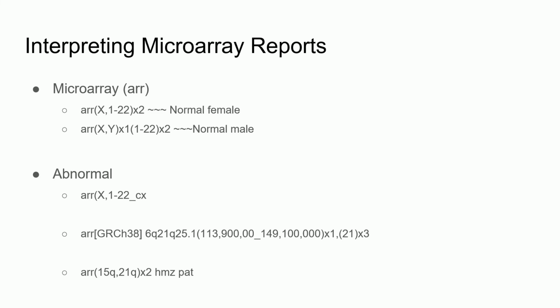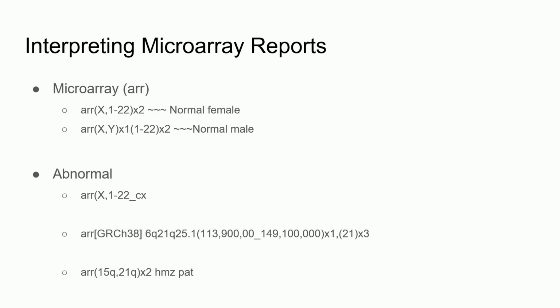The Genome Reference Consortium Human Build 38, or GRCh38, is listed in brackets, telling us the reference sequence used in the microarray. In the first abnormal example, the CX designation indicates a complex microarray result across a female genome. In the second example, the microarray analysis shows an interstitial loss in the long arm of chromosome 6 at bands q21 through q25.1.